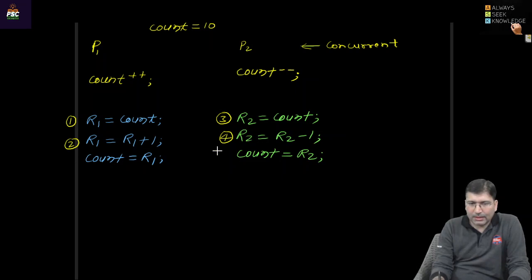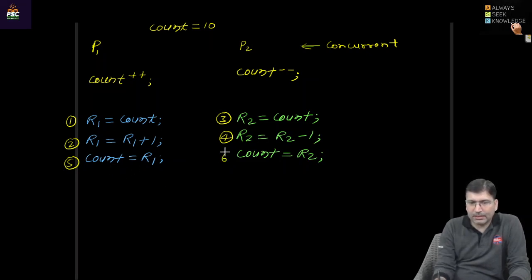Now in case the context switching again happens, the fifth instruction like this is executing. So when this statement executes, the value of count will be updated, because initially it was 10 and R1 was storing 11 here, so 11 will be updated. So R1 had 11 value and count is 11 now.